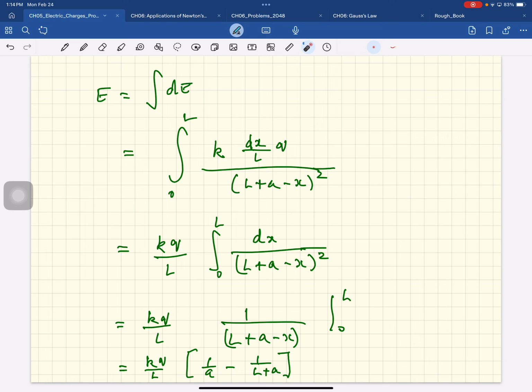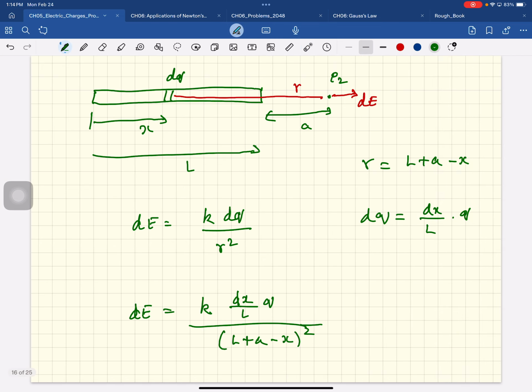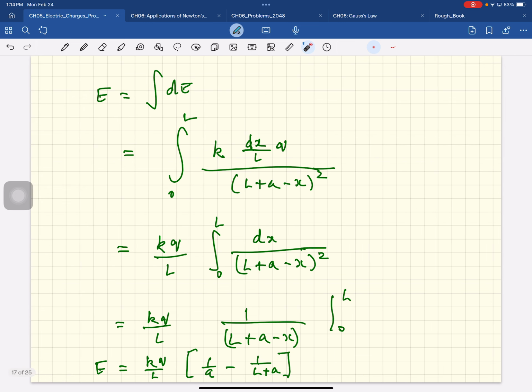So when Q is positive, the electric field will be to the right, and when Q is negative, the electric field will be to the left. Anyway, here is the magnitude of the electric field.